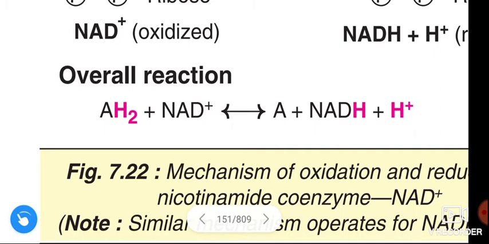This is the mechanism of oxidation and reduction of the nicotinamide coenzyme NAD plus.